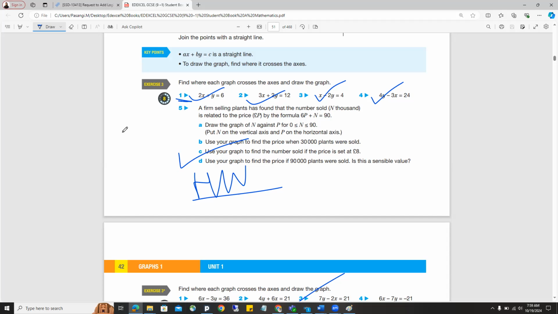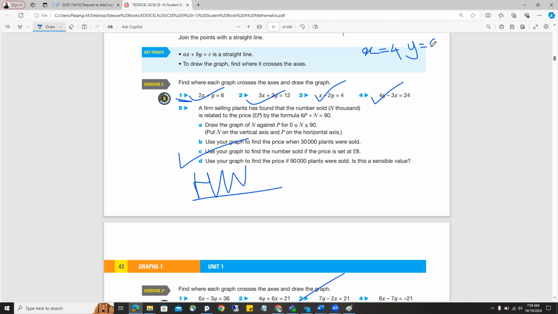Miss, the second one, x is 4 and y is 6. Wait, you have to tell me the coordinates. When x is equal to 4, y is equal to 0.